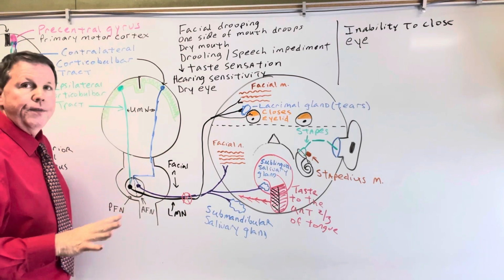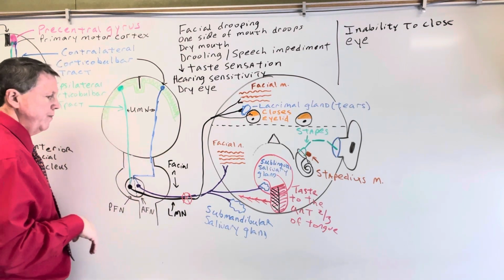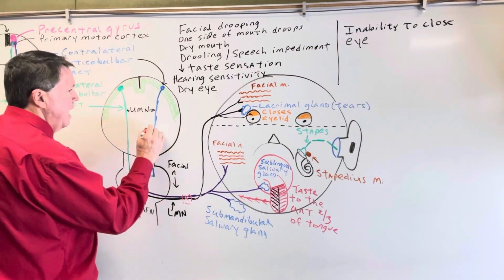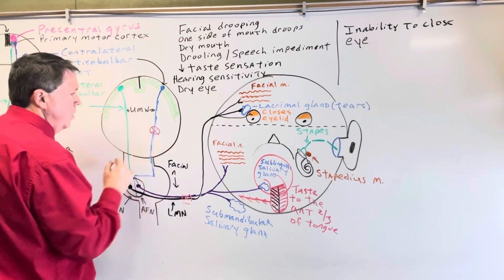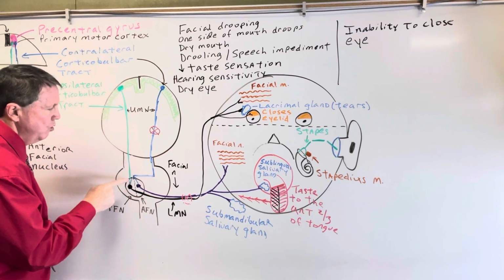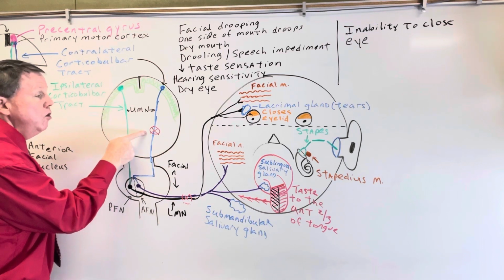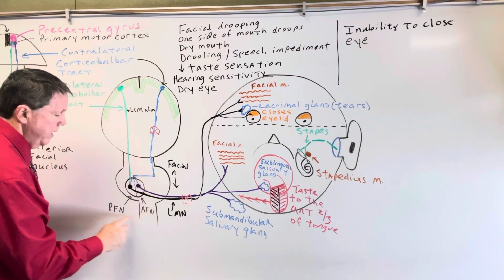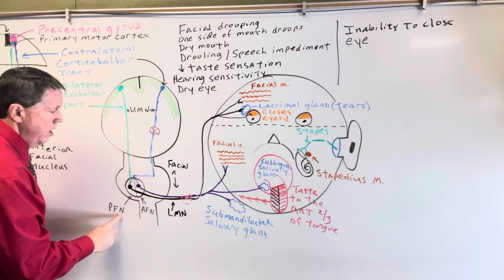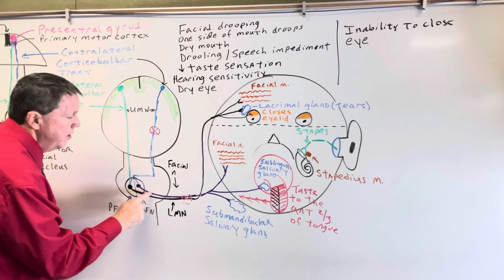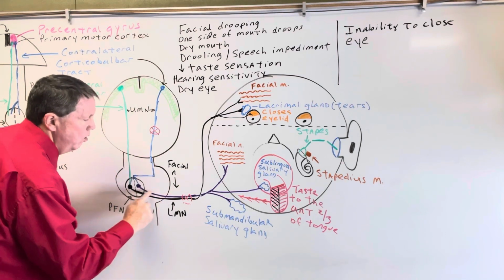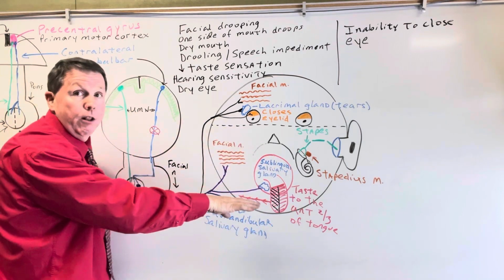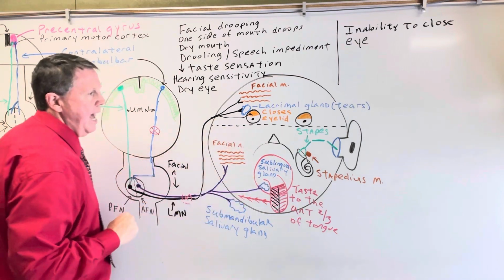But let's look at something else real quick, just to distinguish this. Let's say instead of getting the damage down here, I get the damage up in here. Well, here's what's going to happen. This is why this was important. If you notice, this goes to both the anterior facial nucleus and the posterior facial nucleus. Well, if there's damage here, there's nothing that's stimulating this nerve that's right here. So all of the stuff that was happening in the lower part of the face is still going to happen.